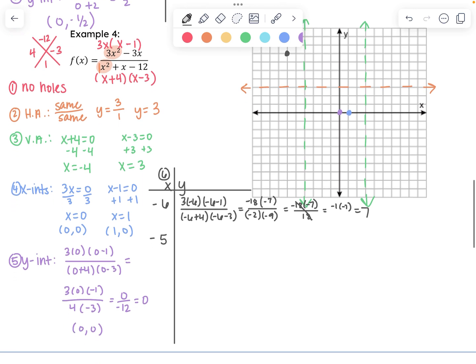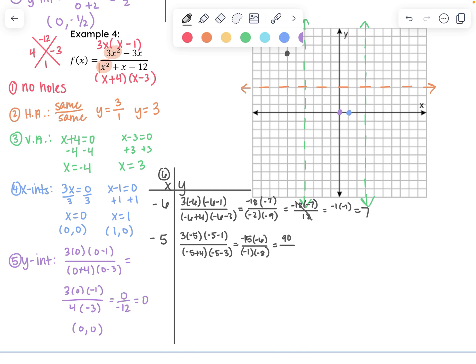Okay, if I plug in negative 5, 3 times negative 5, then I have negative 5 minus 1 over negative 5 plus 4 and negative 5 minus 3. So negative 15, negative 6, and that's going to be negative 1 times negative 8. So on the top, I have negative 15 times negative 6, which is going to give me a positive 90.